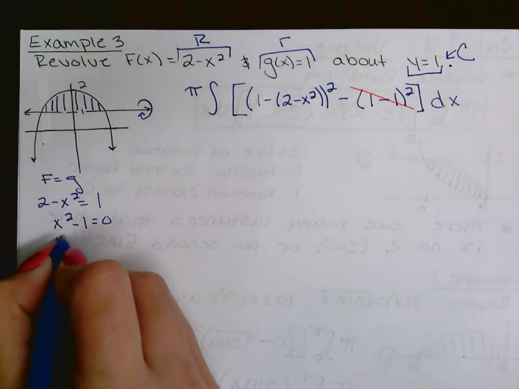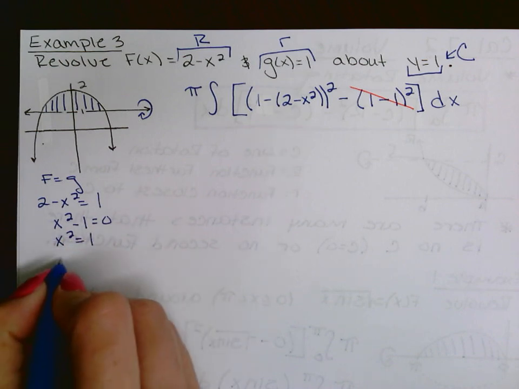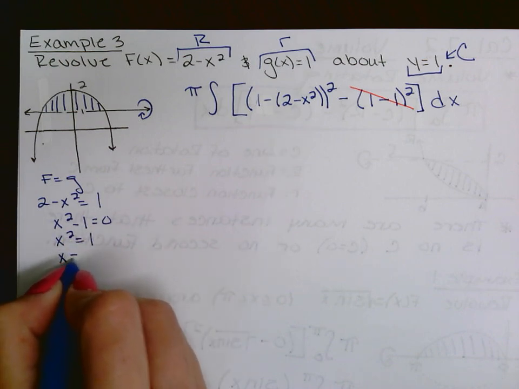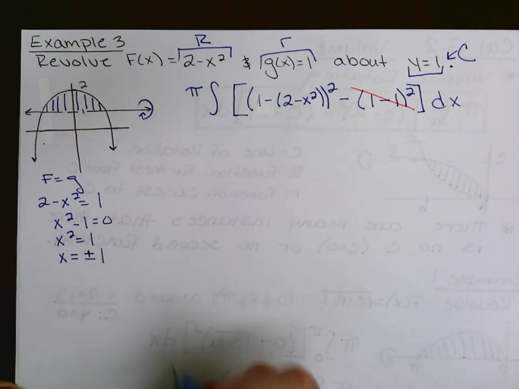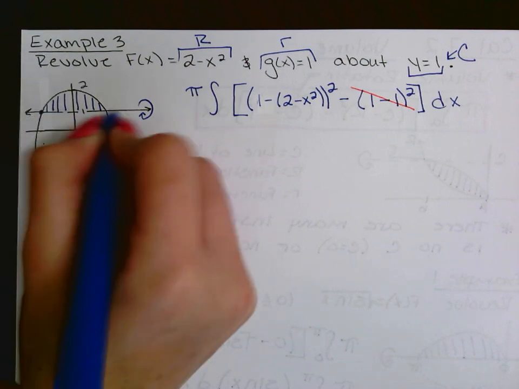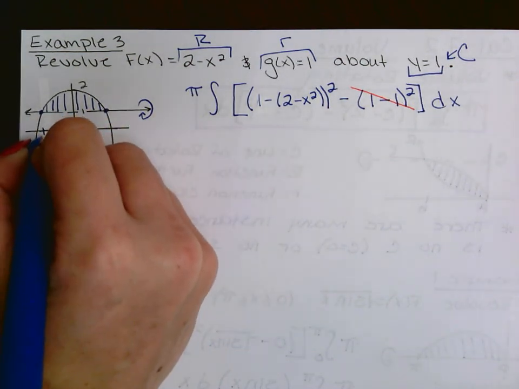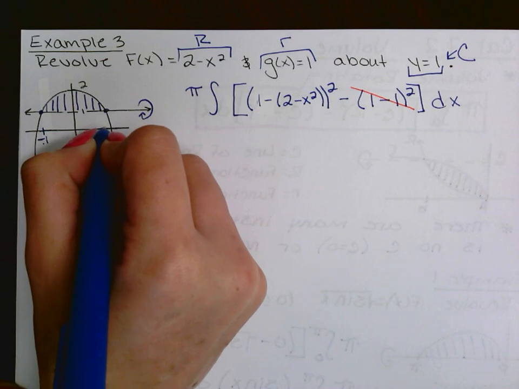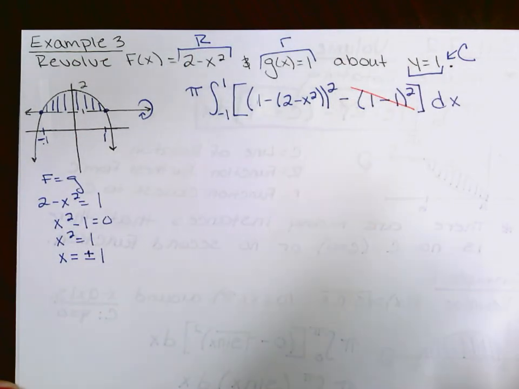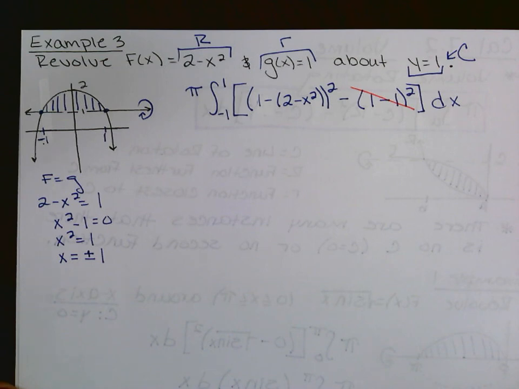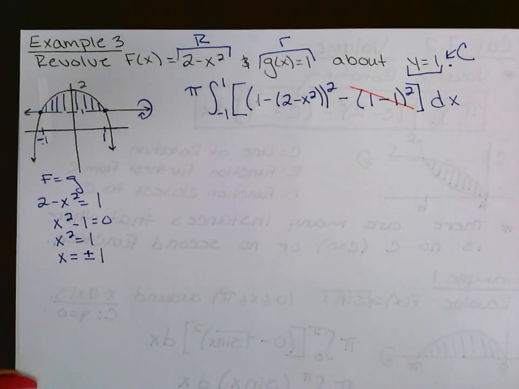Okay. X squared equals 1. What does the square root of 1 give me? Not just 1. Nice. Plus or minus 1. So you can see that these two spots here are -1 and +1. Okay? So let's keep on going.